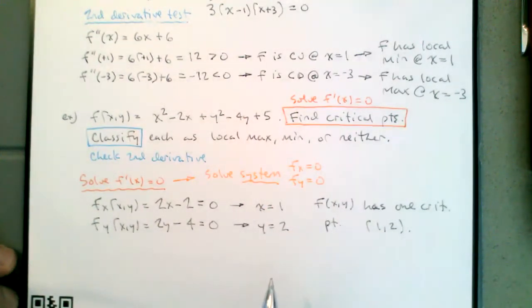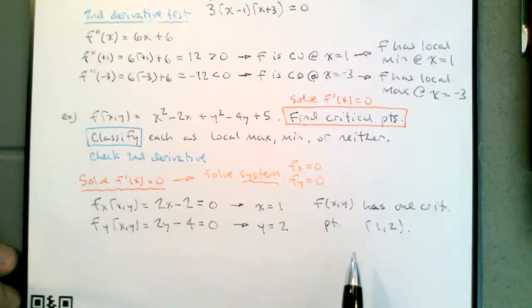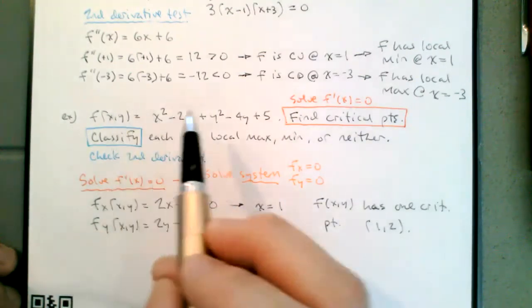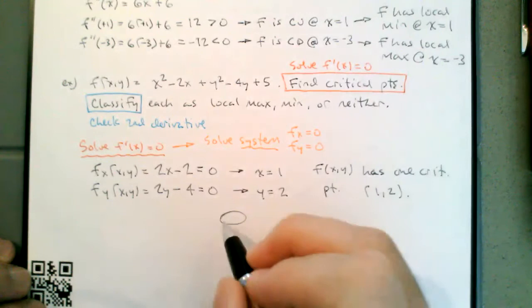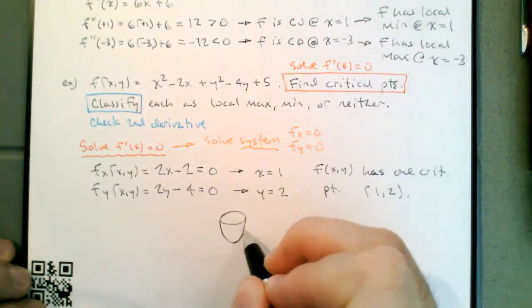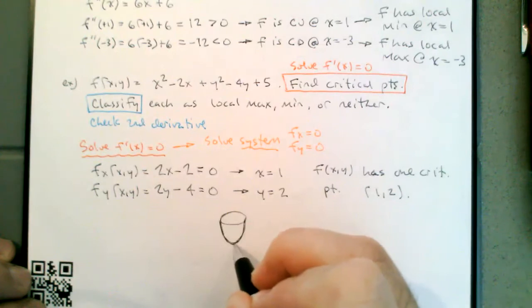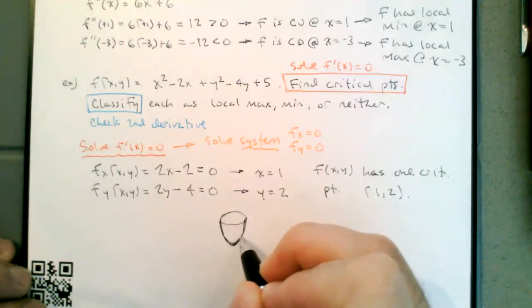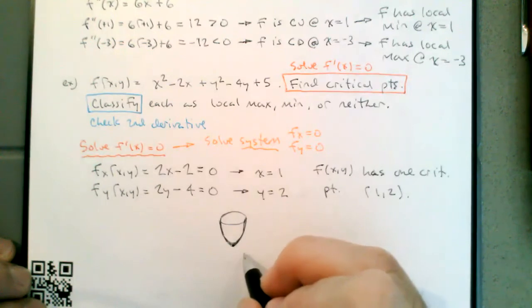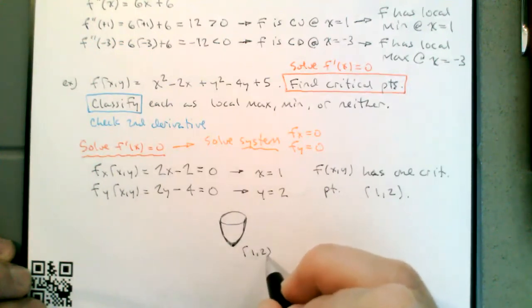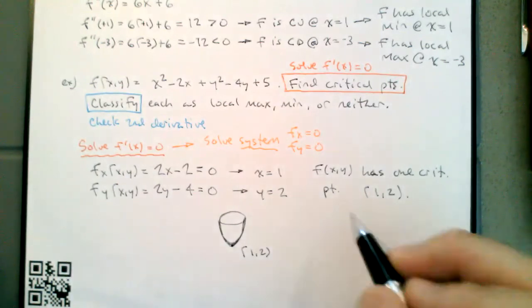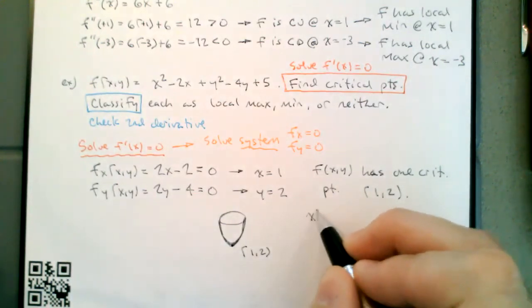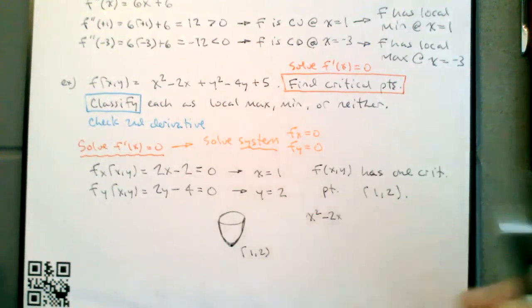The algebra is also telling us that this is going to be a local minimum, and it's going to be a global minimum because of what the function looks like. So the function is a circular paraboloid. But instead of the lowest point being at 0, 0, the lowest point will be at 1, 2 on the xy plane. This is because of the x squared minus 2x. If we complete the square on x squared minus 2x, I need a plus 1.